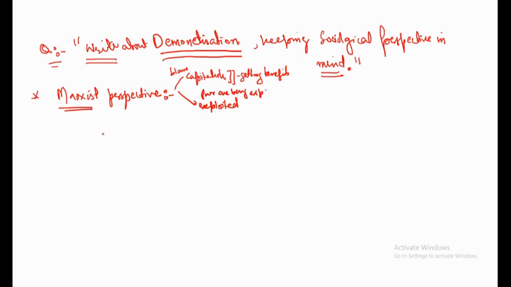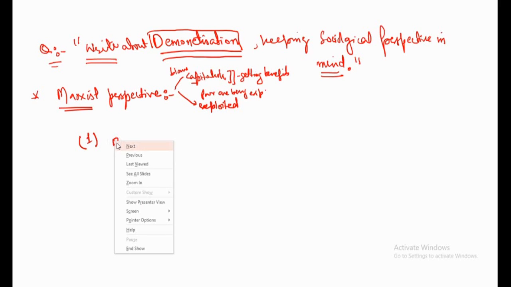Now we will apply this perspective on demonetization. For example, you will tell that capitalists are getting benefits due to demonetization. So the first point is, due to demonetization, what happened? We encountered digitalization.